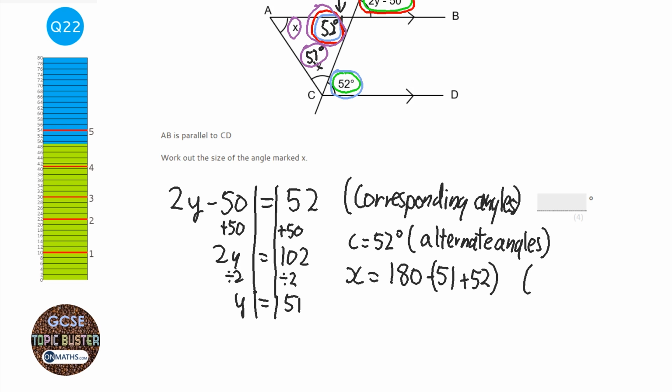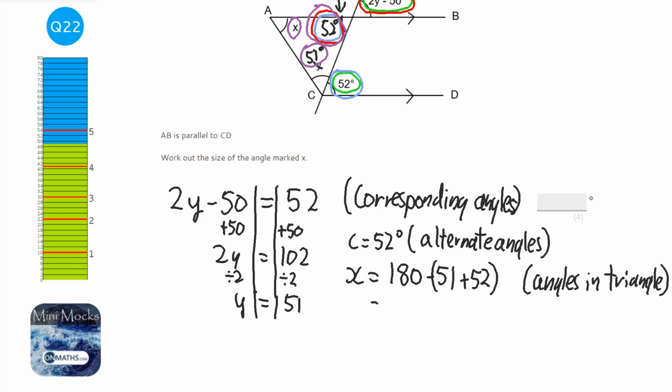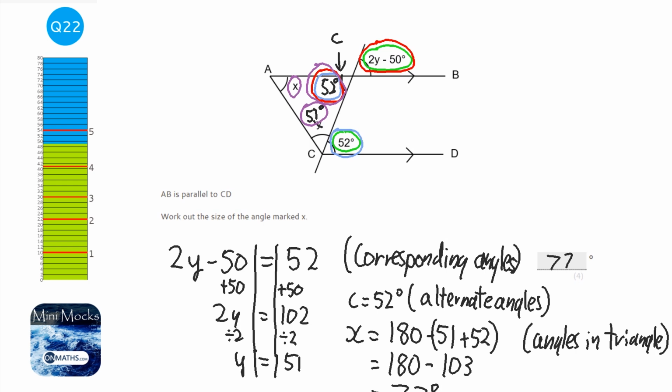And the reason is angles in triangle. Okay, so I know that 51 plus 52 is going to be 103, and therefore that's going to be 77 degrees. So my answer is 77 degrees.